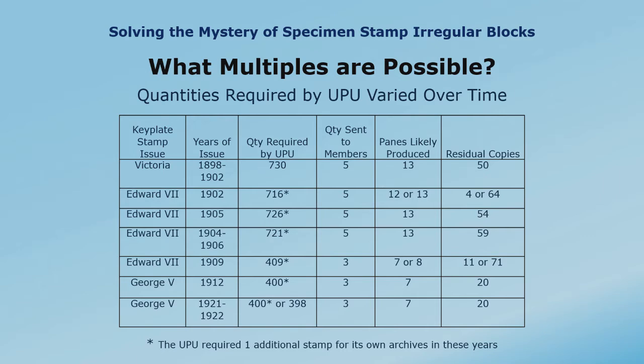Regardless of how many sheets were required or how many stamps were left over, the residuals were always retained by the printer and not shipped to the UPU. UPU didn't want any extras laying around. They wanted what they wanted. That's what they ordered, and that's what they got.